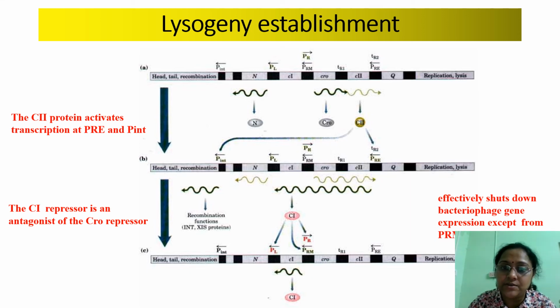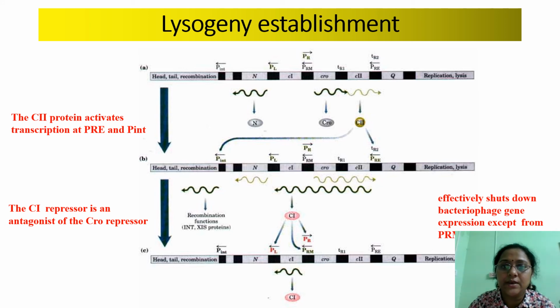Okay, so we want C1 to express and we want the genes for recombination to express. And once C1 is produced, C1 can inhibit all the promoters except PRM. Okay. So C1 repressor is basically an antagonist of the CRO repressor.